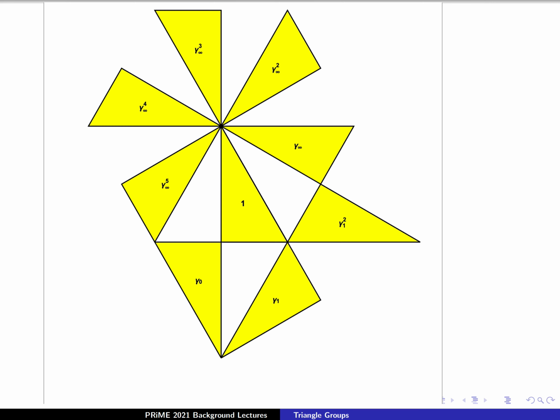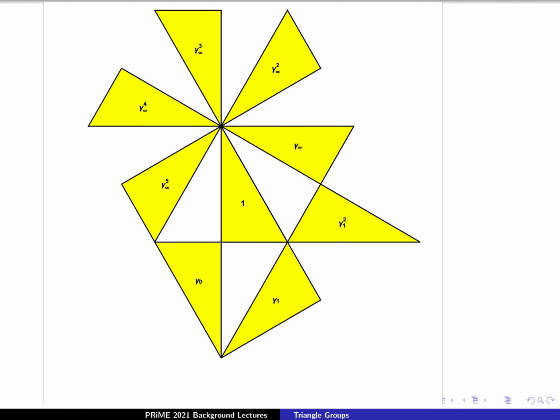You can actually see what we've done here is we've mapped out where each of the triangles go once we apply one of our elements from the triangle group. You can see the 1 inside of the yellow triangle represents that we haven't moved the triangle at all. We have gamma 0 at the lower left-hand part, which says that we've taken the triangle and now rotated around the point P by 180 degrees.